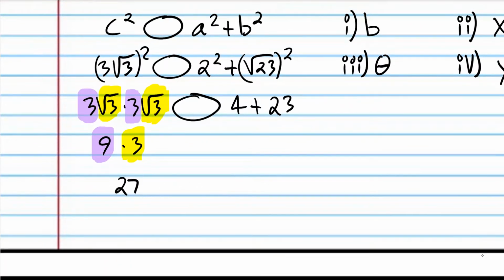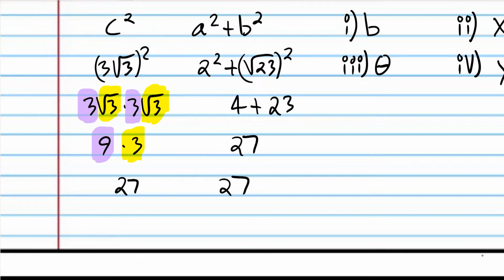So 4 plus 23, that's 27. And you can see here, they're actually equal. So now we can get rid of our bubbles. Well, we probably should just keep the bubbles.